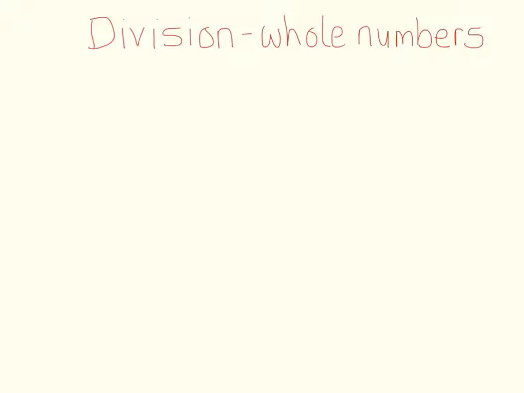I'll do one more of those so that you can see it in practice again. This time we'll do 237 divided by 5, so divided into groups of 5. Going to do the same as before.